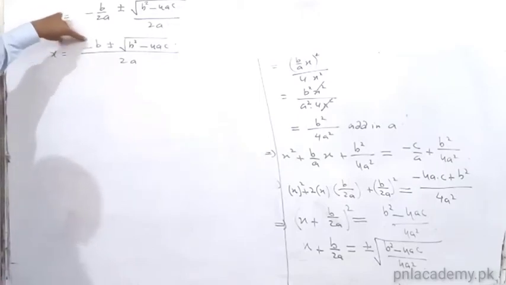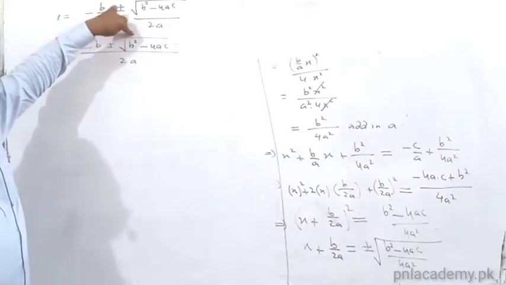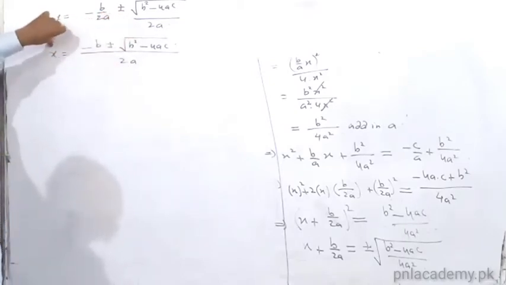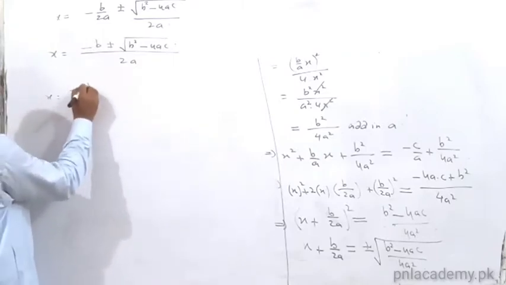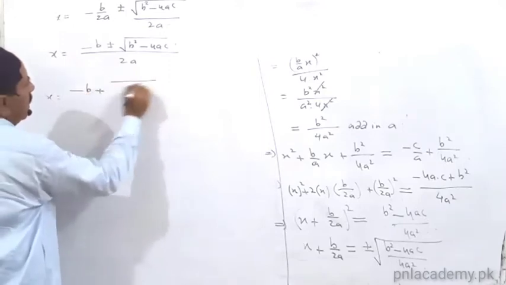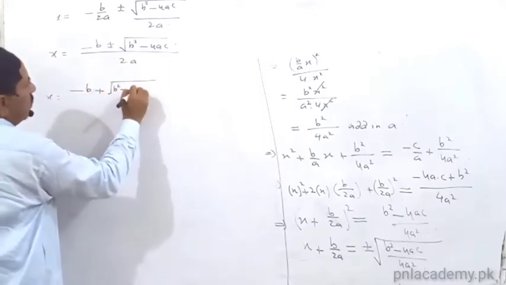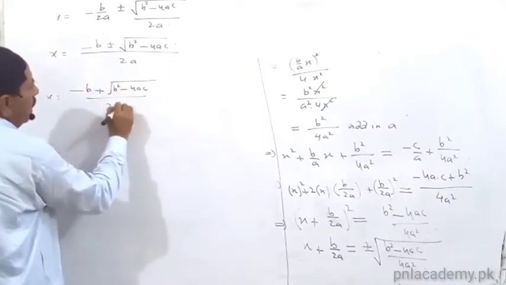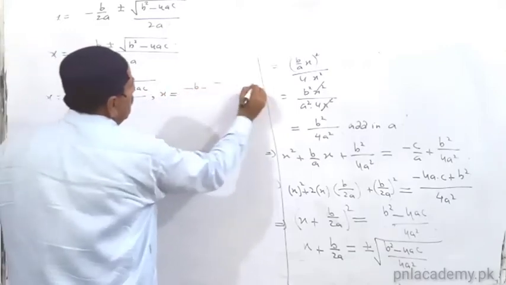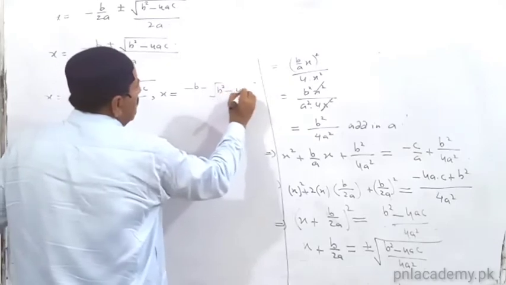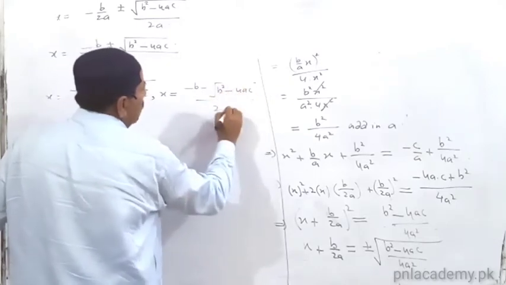One root is minus b plus radical b square minus 4ac upon 2a. Second root is minus b minus radical b square minus 4ac upon 2a. Therefore, x is equal to minus b plus radical b square minus 4ac upon 2a, comma, the value of x is equal to minus b minus radical b square minus 4ac upon 2a.